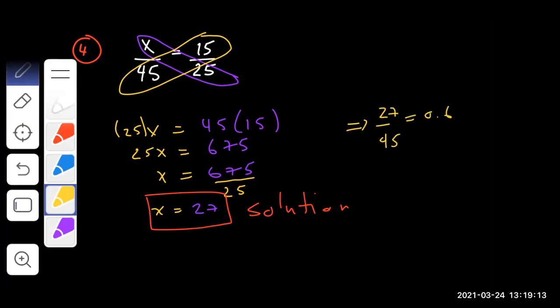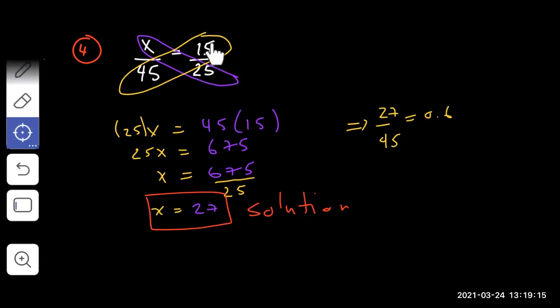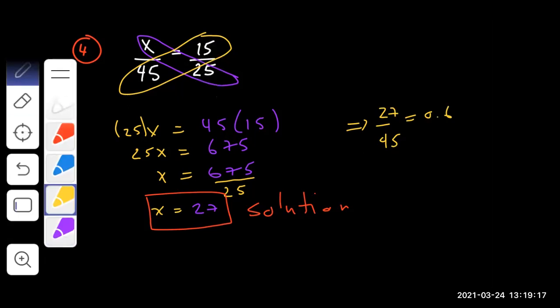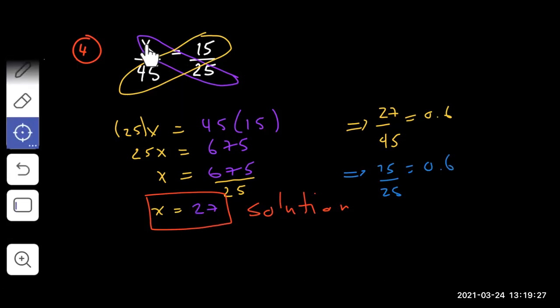And now divide this 15 divided by 25 and tell me what that is equal to. 0.6. Take a look, this value made this proportion true. That is solving, guys, finding the value that is going to make the equation true.